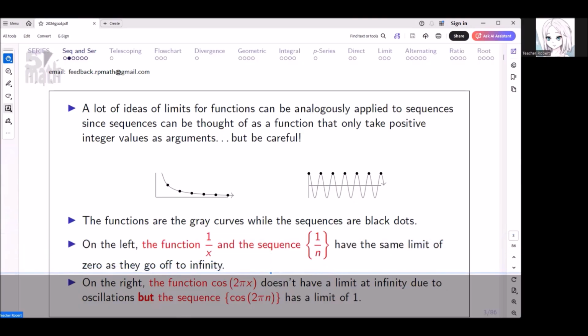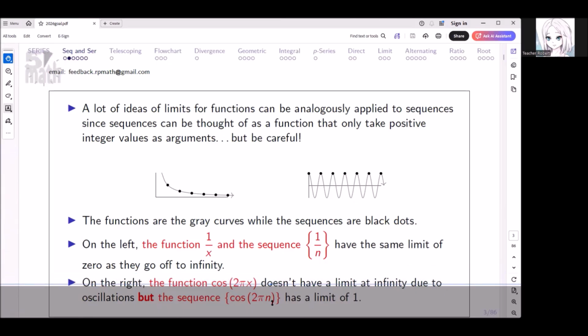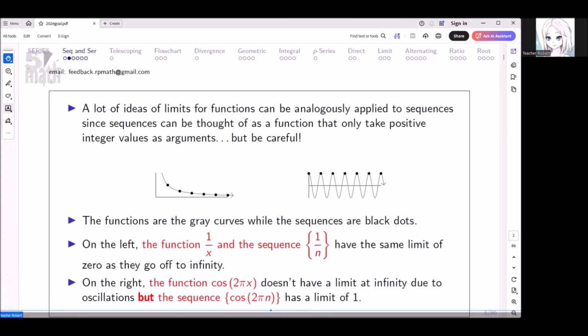On the left, the function 1 over x and the sequence 1 over n have the same limit of 0 as they go off to infinity. On the right, the function cosine 2 pi x does not have a limit at infinity due to oscillations, but the sequence cosine 2 pi n has a limit of 1.